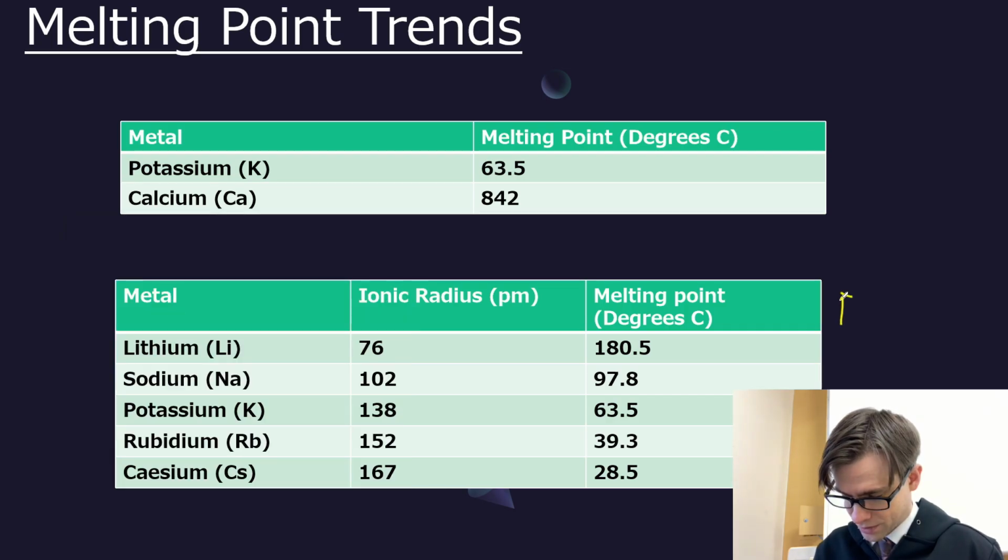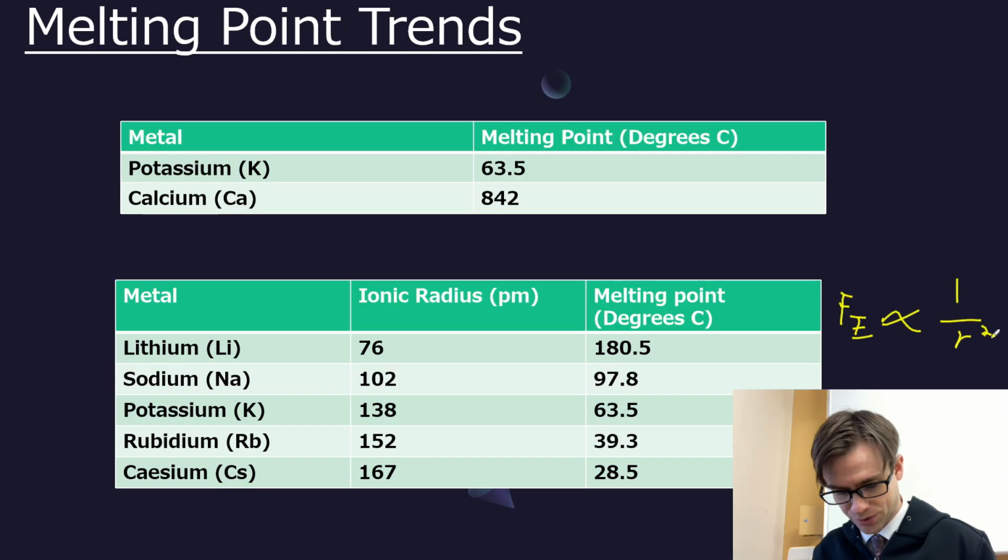Again, this is due to electrostatic force being proportional to 1 over r squared. R is the distance between the charges, so between the electron and the center of the cation here. That's increasing, therefore the force is decreasing fairly quickly.